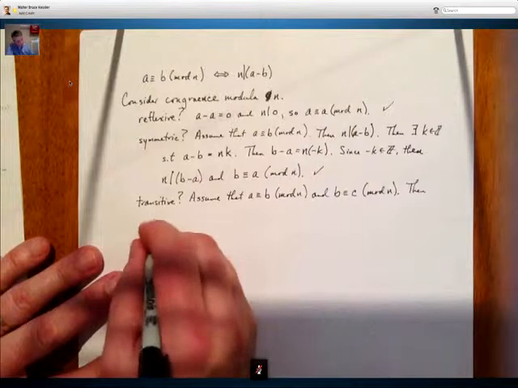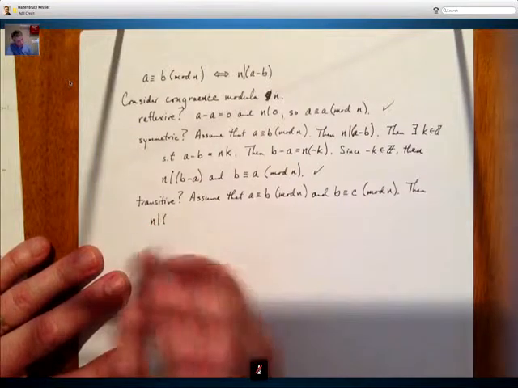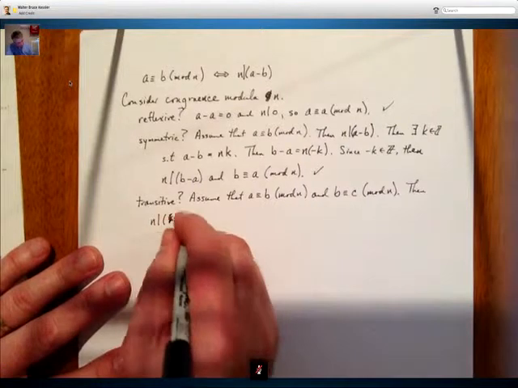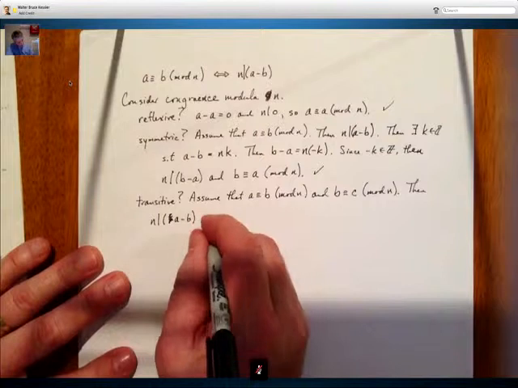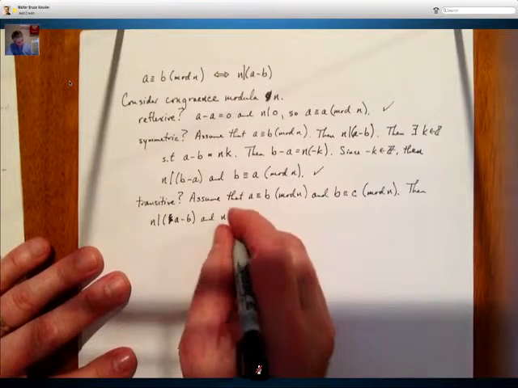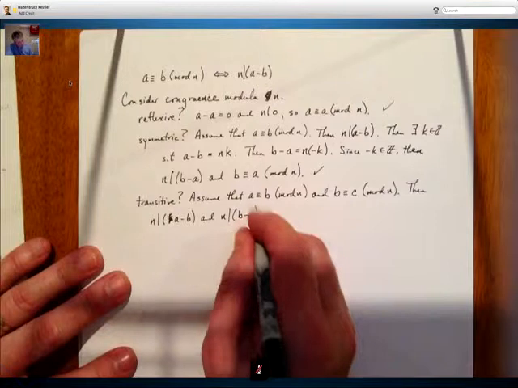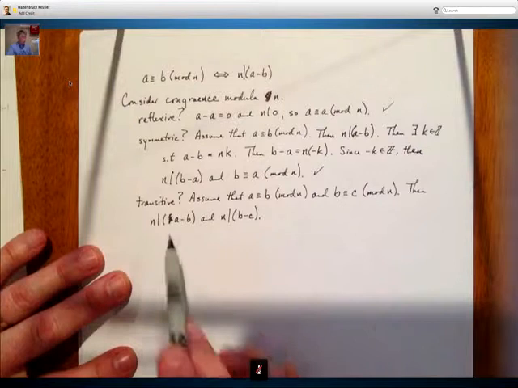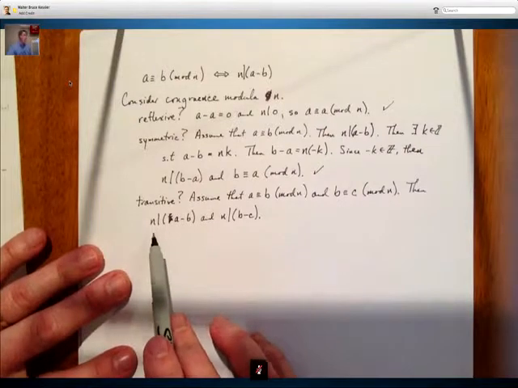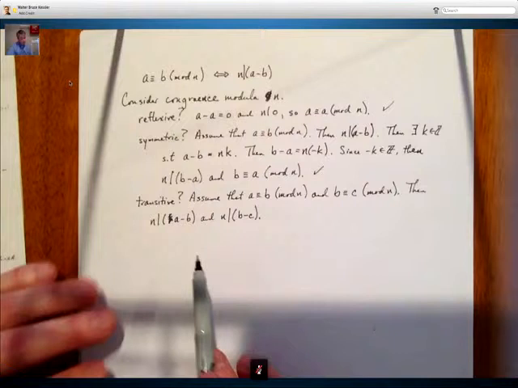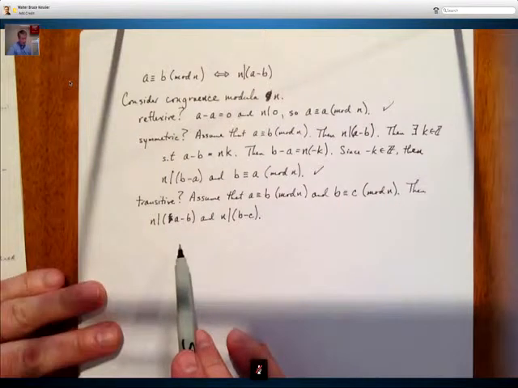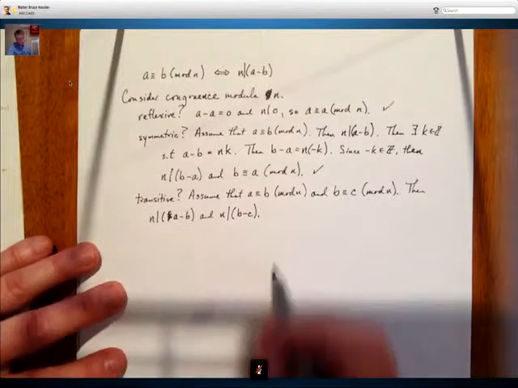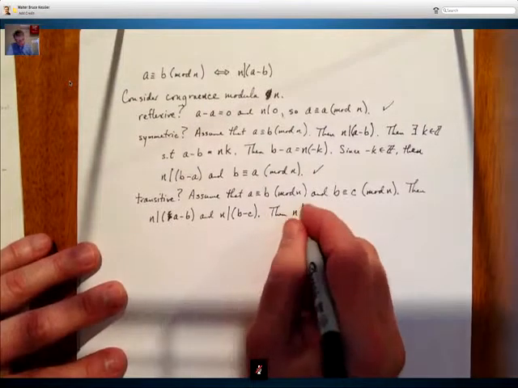Well, then that means that n divides A minus B, and n divides B minus C. But we actually showed the sum theorem, and a pretty easy reach here is to say if it divides this and it divides that, then it has to divide the sum of those two things, right?